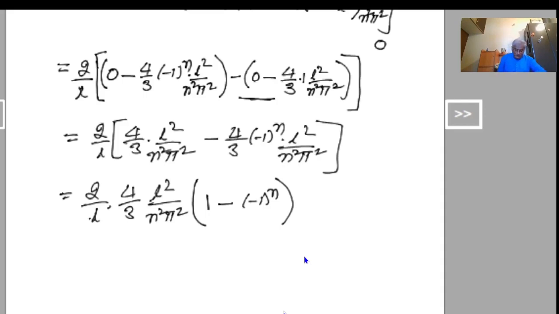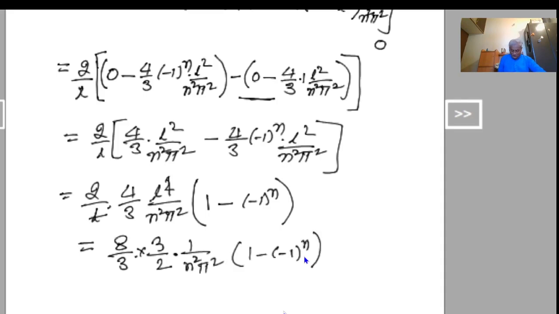Here one L gets cancelled. 2 into 4 is 8 by 3, into L which is 3 by 2, into 1 by n square pi square into 1 minus minus 1 to the power of n.